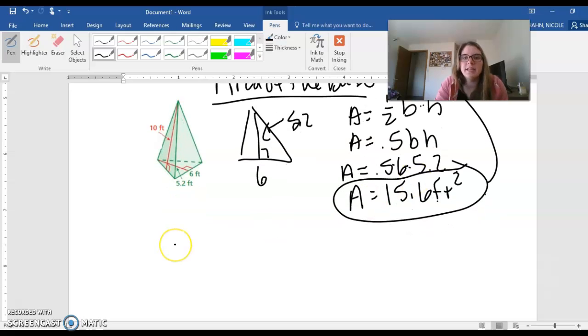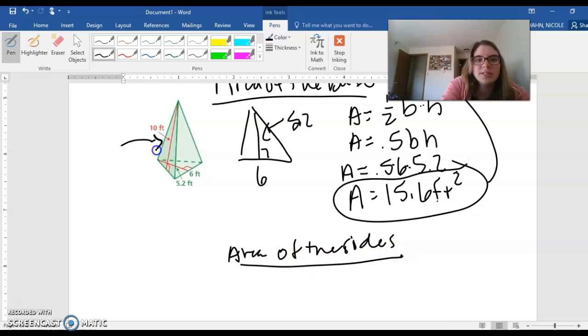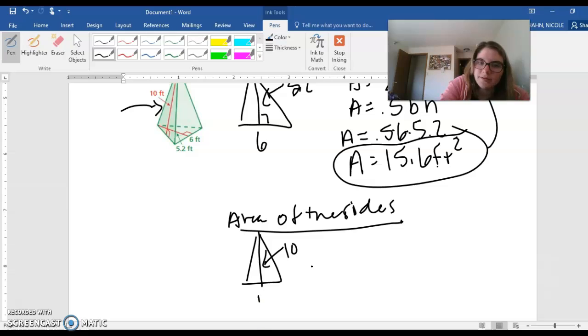Then I need to find the area of the sides. Okay, so let's look at just this side right here. It's 10 feet, and then the bottom is still going to be 6 feet.